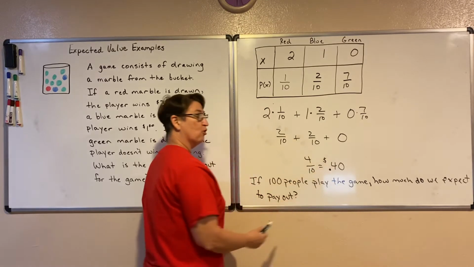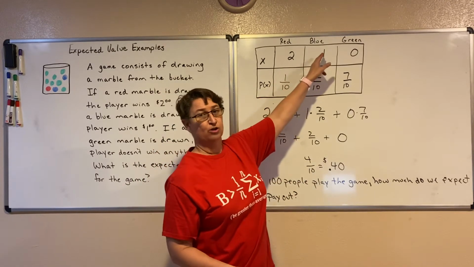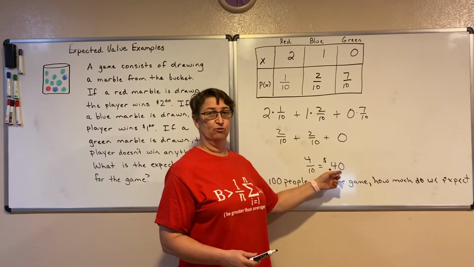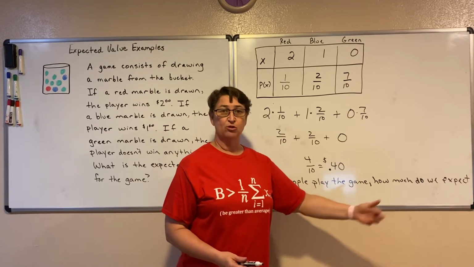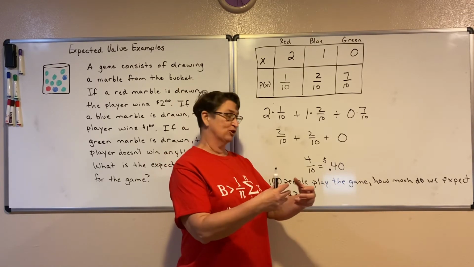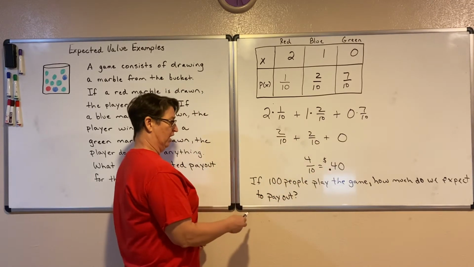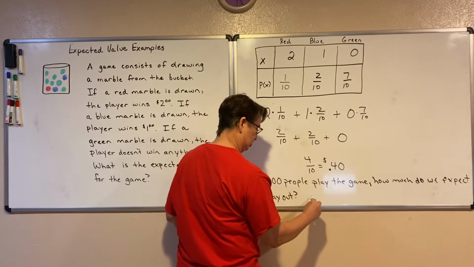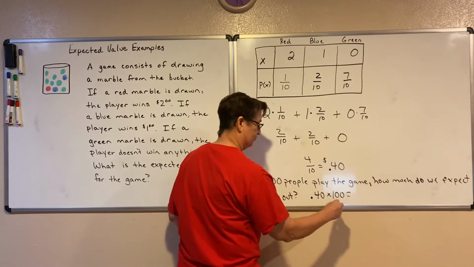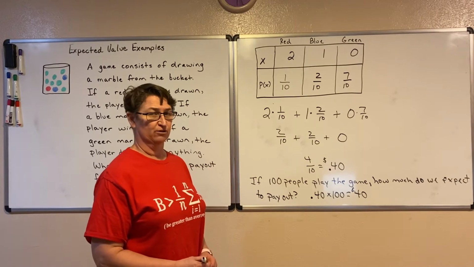Well, if you're paying out 40 cents on average per player, notice I'm not paying any one player 40 cents. But on average, that's how much I'm going to be paying. So if some people make $2 and some people make $1 and then a bunch of people make $0, it will average together to be 40 cents. That's what I expect. So if 100 people play, then I would just do that 40 cents times the 100 people that are playing, which makes $40. I would expect to pay out $40.